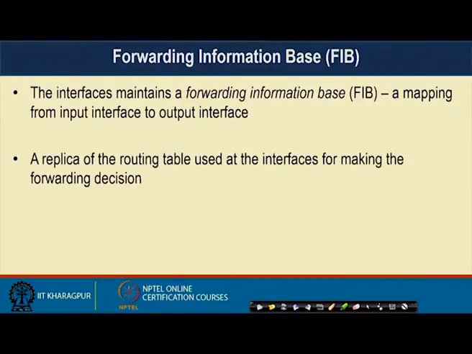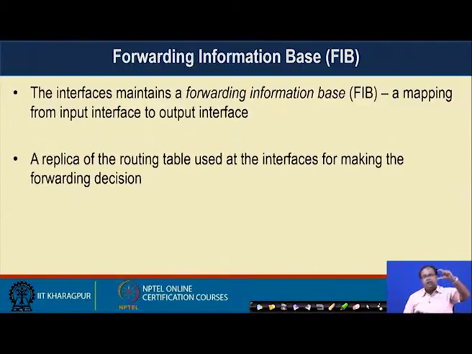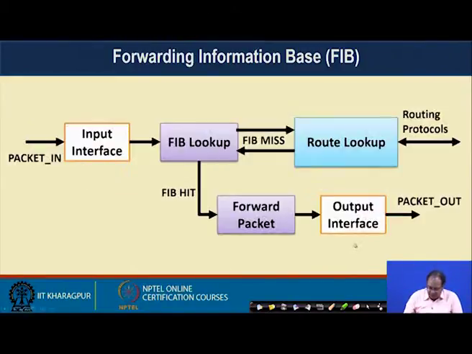This forwarding information base is a mapping from the input interface to the output interface. So, the forwarding information base is nothing but a replica of the routing table used at the individual interfaces for making the forwarding decision. A copy of the routing table is put in every individual interface in the form of a forwarding information base.